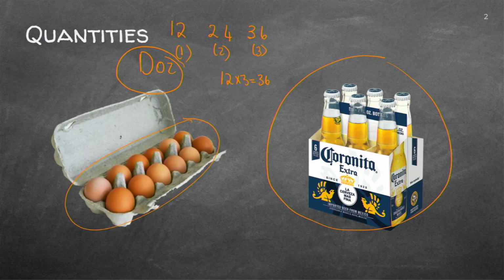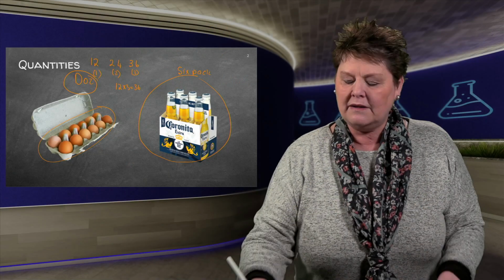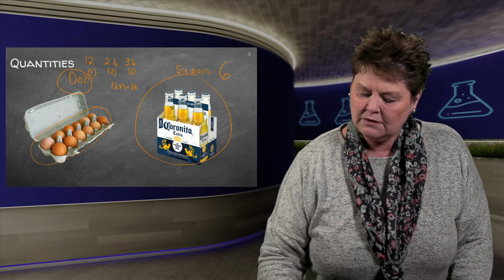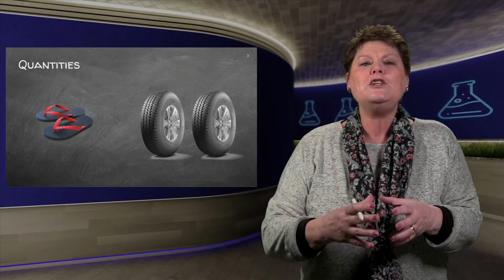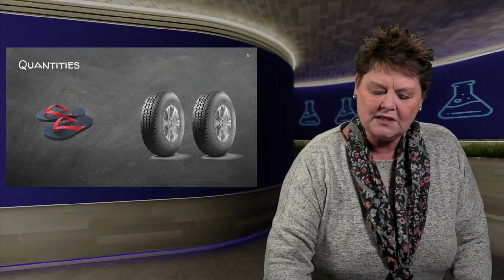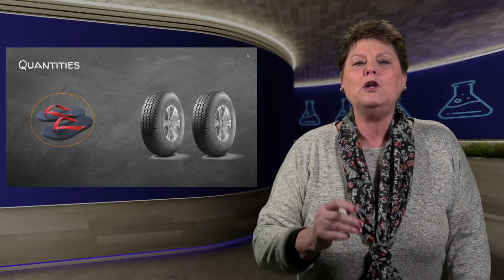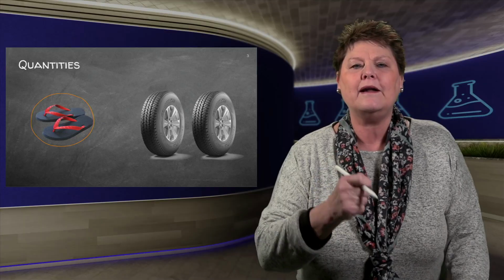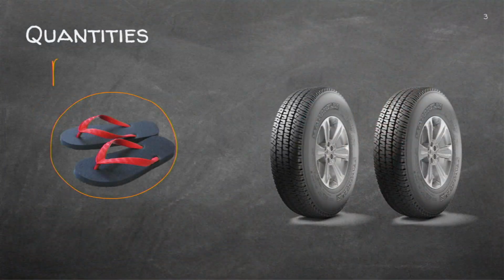In this case, we'll call this a six pack, which is in actual fact half a dozen. A six pack of Coca Cola, a six pack of soap, a six pack of Corona will actually be the number 6. It depends in which world you are working in. If you work in a shop and you are selling shoes, you will not sell one and another shoe. You will sell a pair.